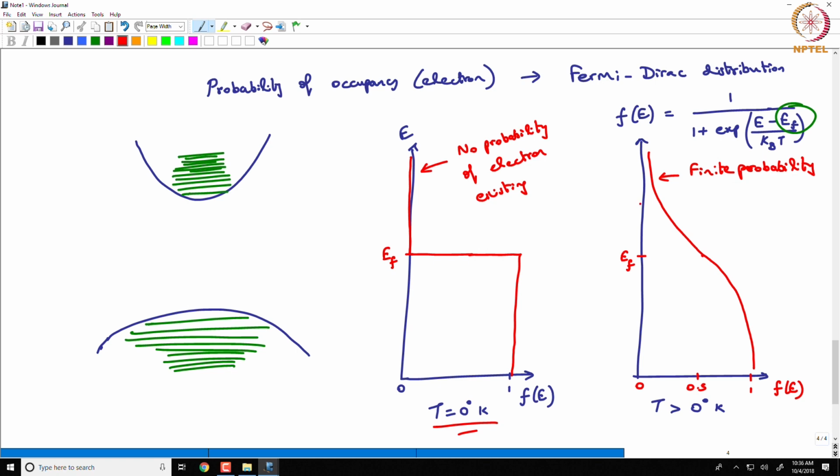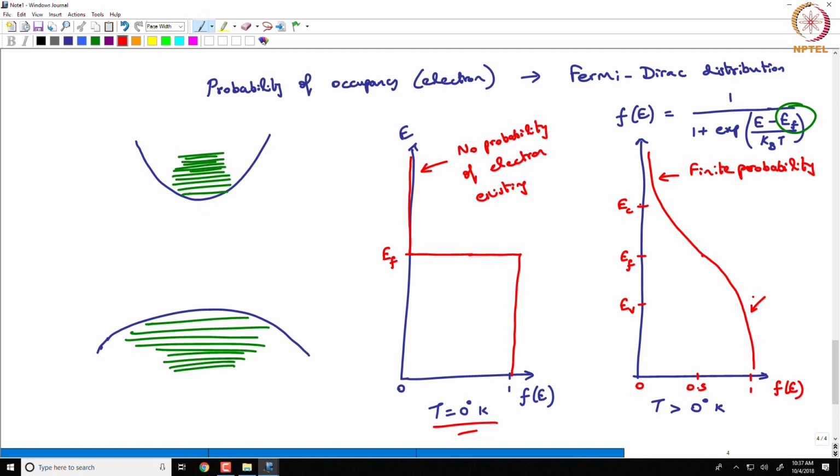So, now just to give you a perspective, this is your EC and this is your EV, and there is also a finite probability that electron does not exist in this valence band. Okay.